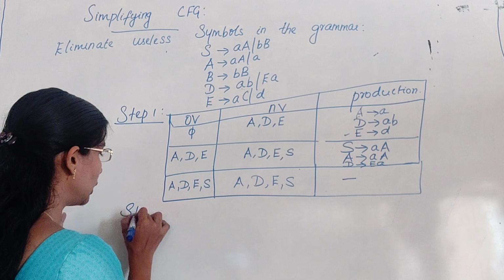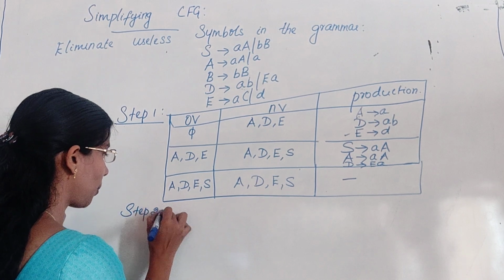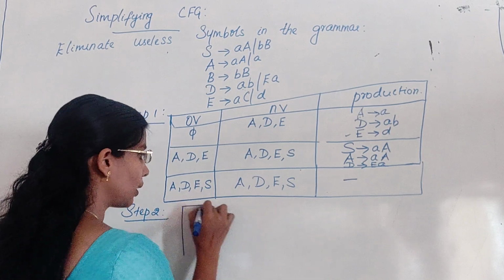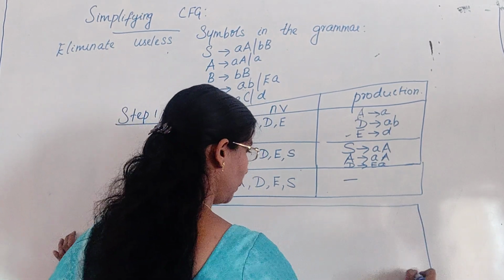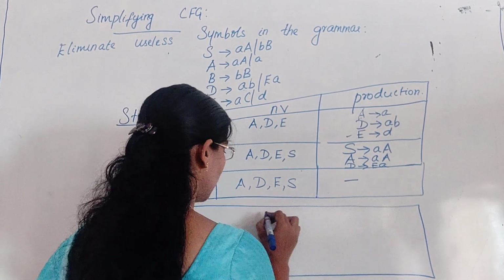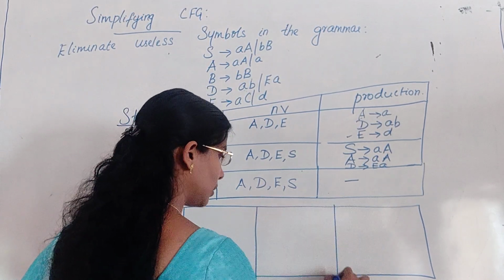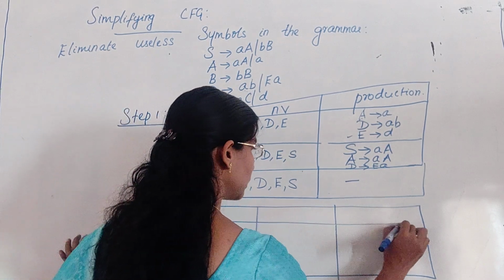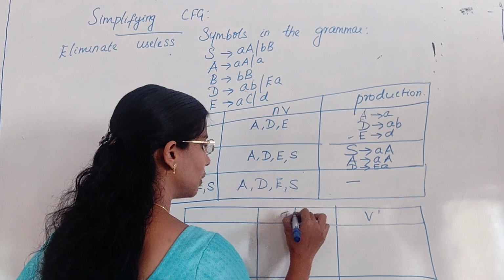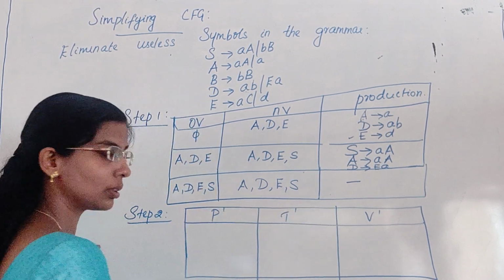Now moving to step 2, you have to make one more table with three columns: variable, terminals, productions.